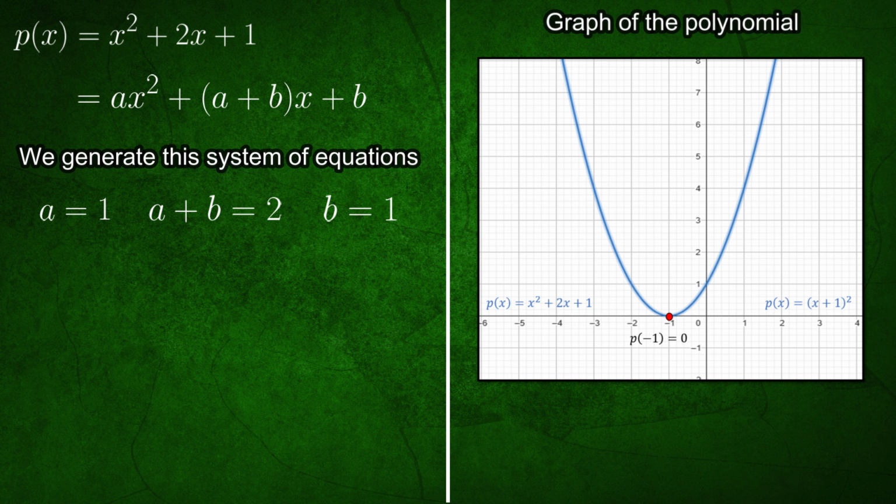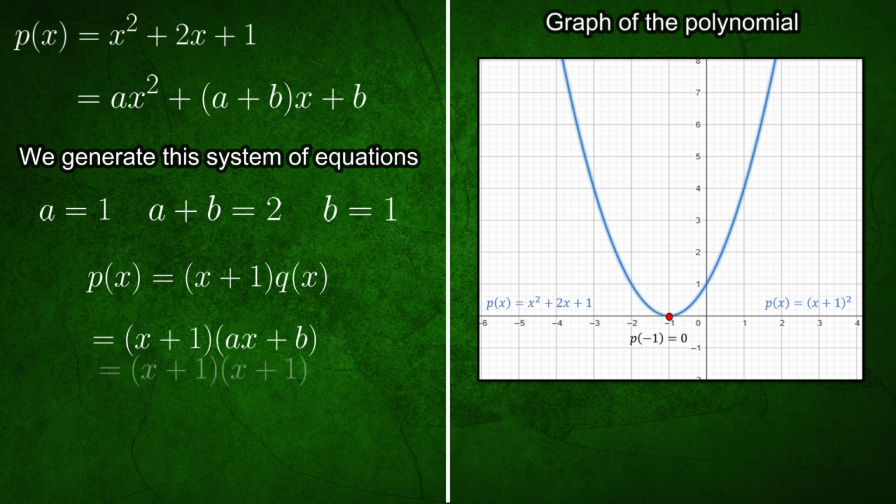So, by knowing that a is equal 1 and b is equal 1, we can substitute those two values in the expression ax plus b, knowing that such expression is actually x plus 1. Thus, the polynomial p of x can be written as x plus 1 times x plus 1.